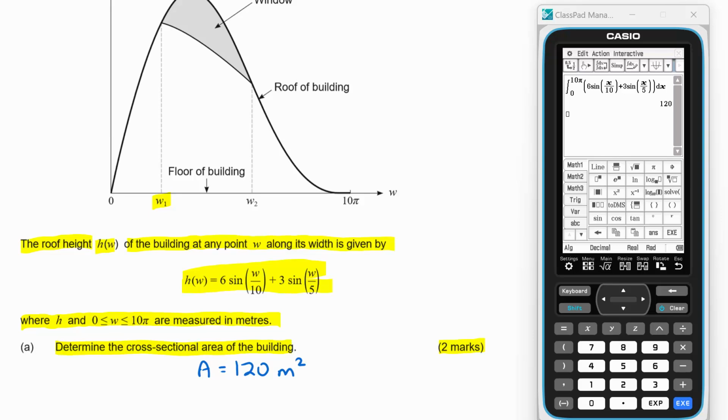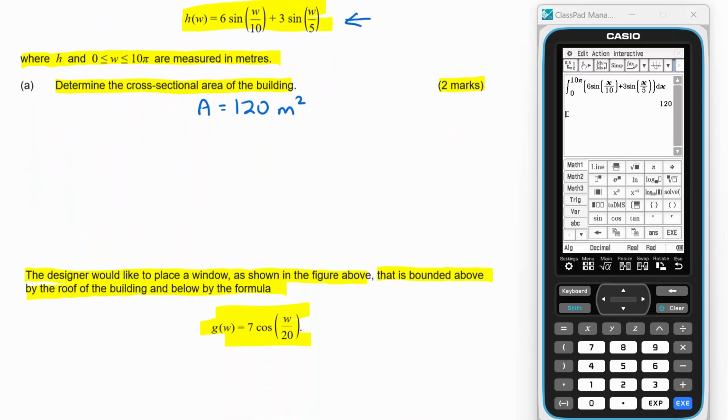So W1 is the beginning, so that will be the intersection here, and W2 is the end of the window. So what we want to do is find the intersection between this and this, and we're interested in the intersections that are between 0 and 10 pi. So I think we're just going to do a solve.